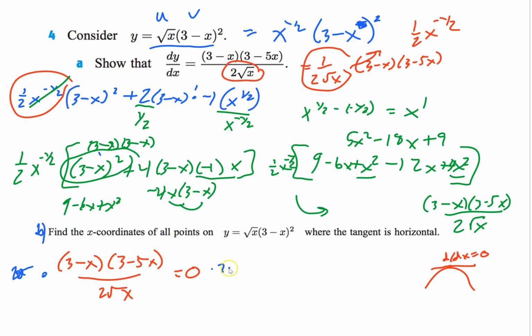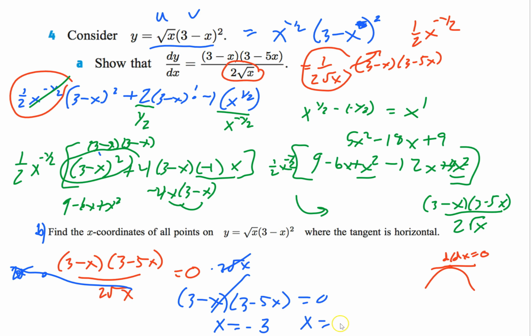It goes away, because anything times 0 is 0. So you get 3 minus x, 3 minus 5x equals 0. Then split it. You get x equals 3, and 3 minus 5x equals 0, so x equals 3 over 5. So that's the idea. And that's it for quotient rule.